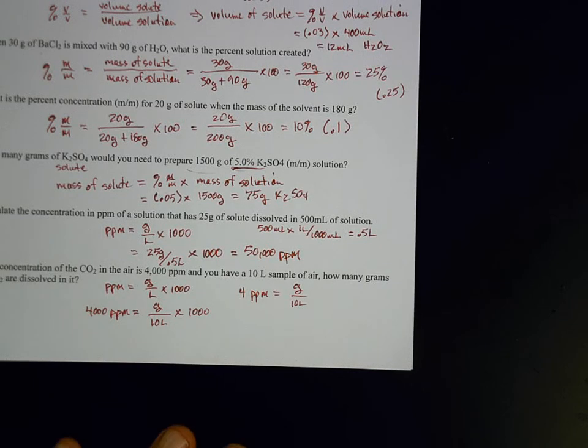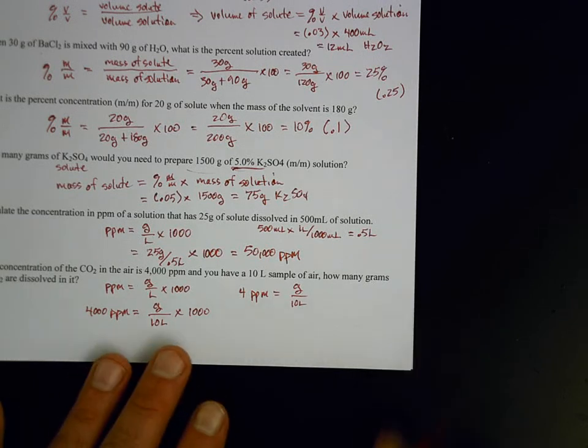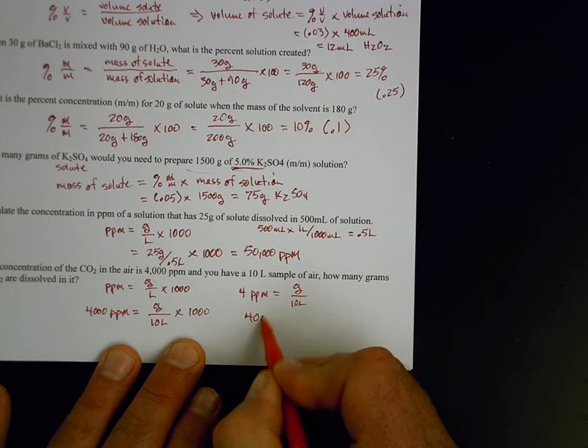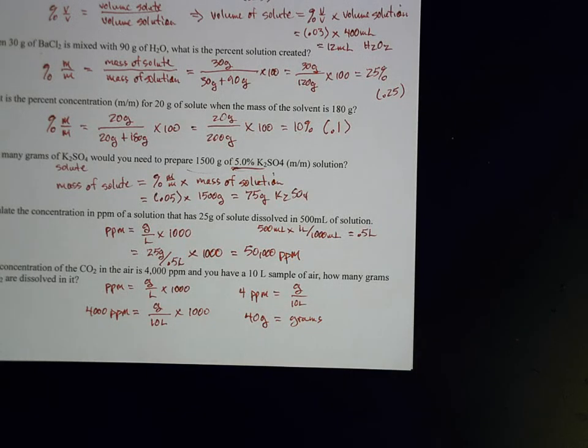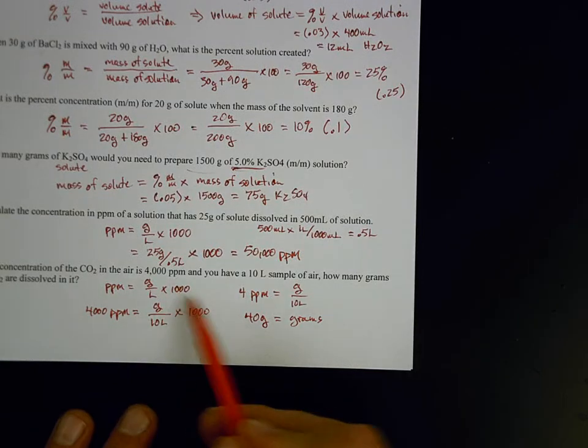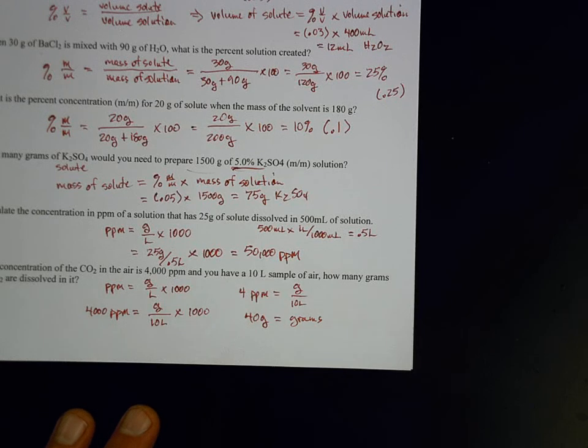Multiply both sides by the 10. And my gram part is going to be 40 grams. So 40 grams dissolved in 10 liters of air is the same as 4,000 parts per million.